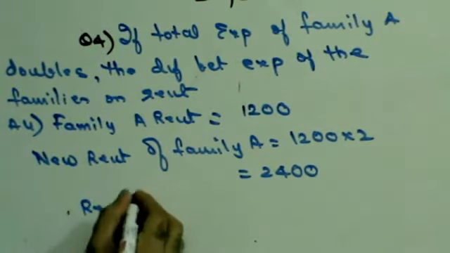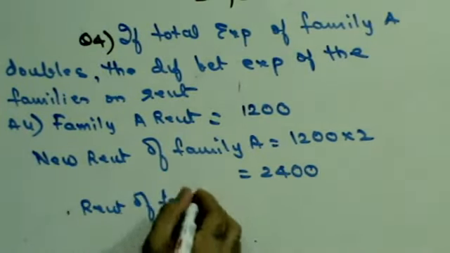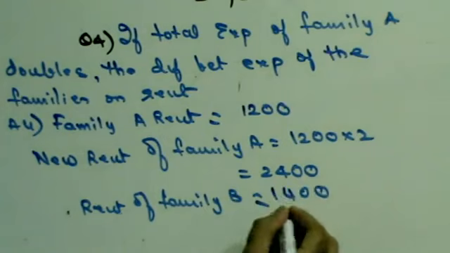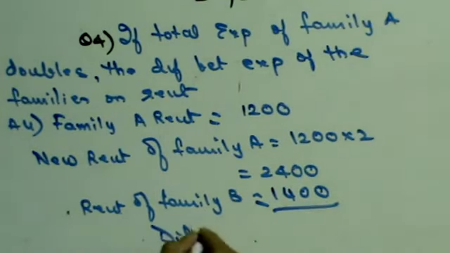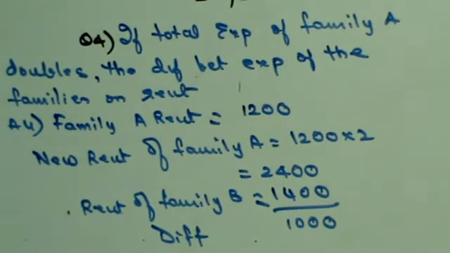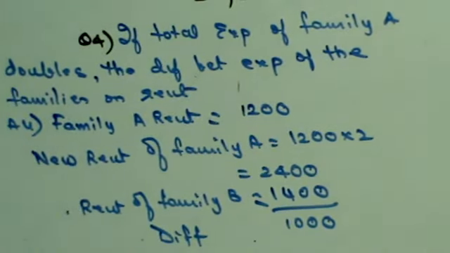Rent of family B is 1400. So the difference between the expenditure is going to be 1000 rupees. So if the expenditure of family A doubles, then the difference between the expenditures of the families on rent is going to be 1000 rupees.